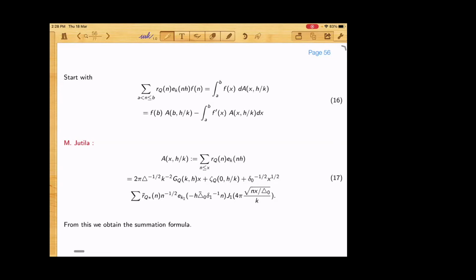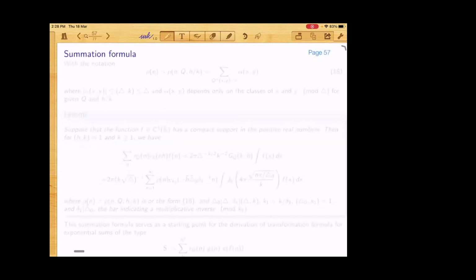So one invokes this summation formula into this summation. So this is the summation formula, and this is the starting point.